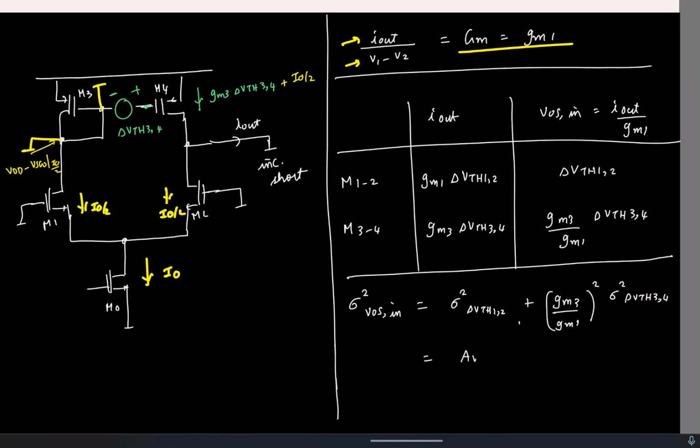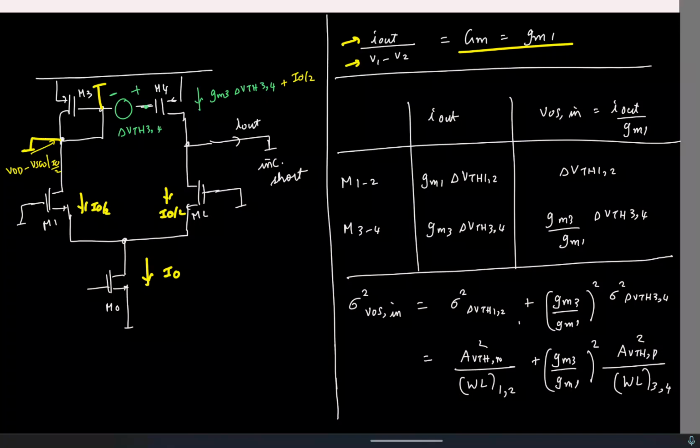So this becomes A VTH of the NMOS by WL of the transistor 1 square, A VTH of the PMOS, and this holds for both 1 2 and 3 or 4 anyway.